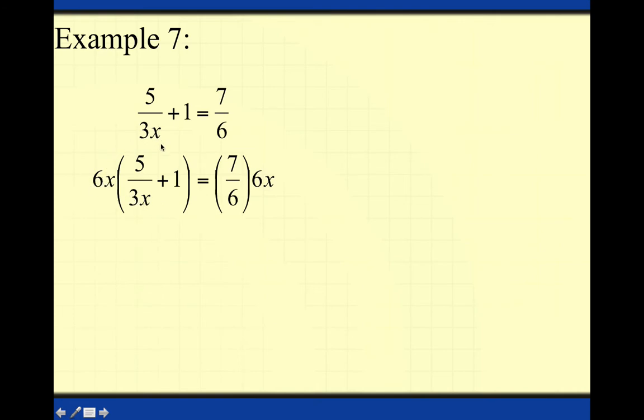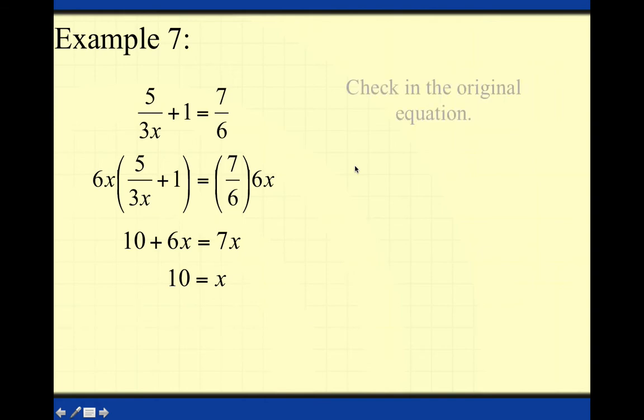But then don't forget, you have to take 6x times 1. Over here, these 6's go away, just leaving you 7x. Now just subtract 6x. Done. Check your answer. 5 over 3 times 10 plus 1, does that equal 7/6? Okay, 5 over 30 is the same as 1/6, plus 1 is 7/6.